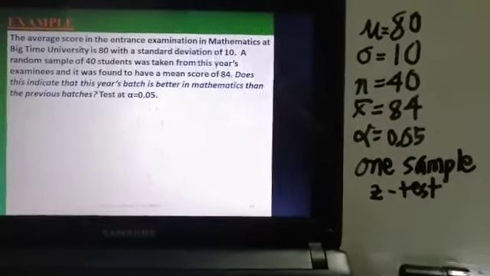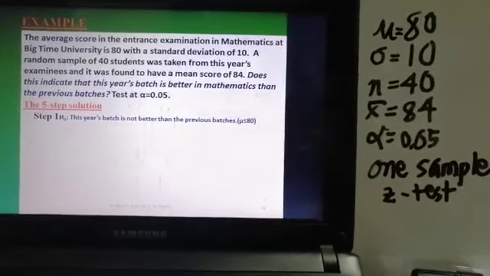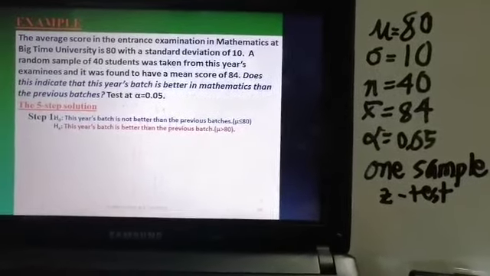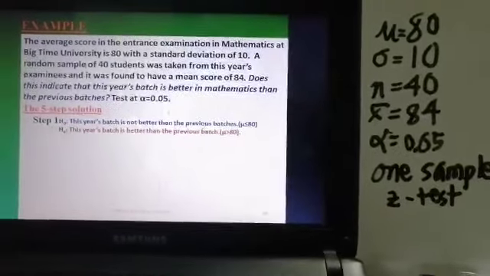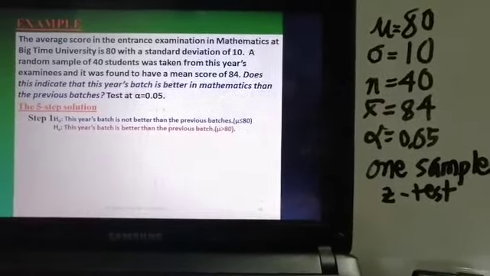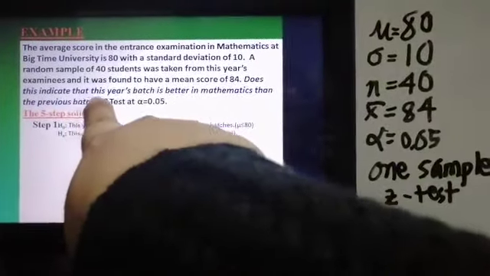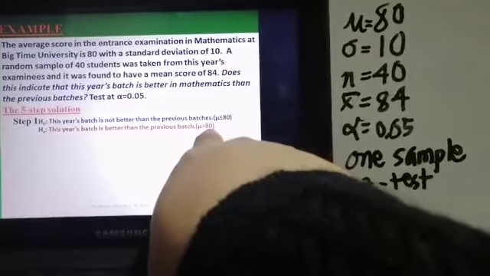In that case, there would be changes in our HO and HA. For our HA, this year's batch is better than the previous batch. Why did I start with HA? Because that is the claim in our problem. That means our mean is greater than 80.